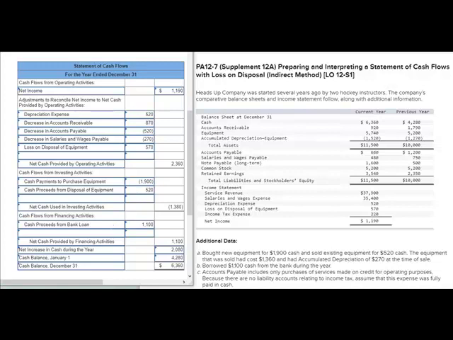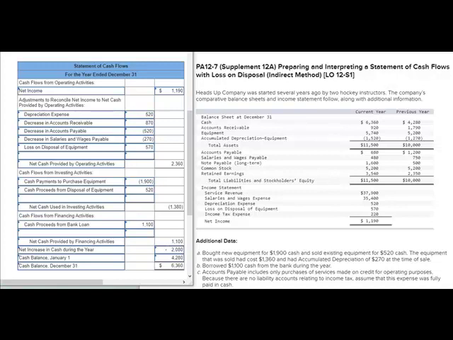Finally, I'll complete my financing activities section. The company borrowed $1,100 from the bank, so that's a financing activity. And I entered that as a positive amount because that was cash coming in to the company. That gave us $1,100 positive in net cash provided by financing activities.